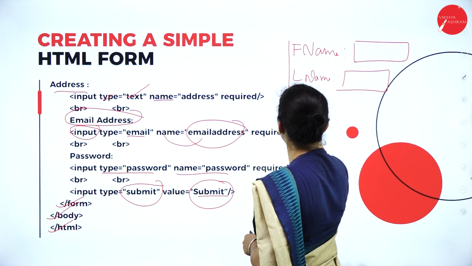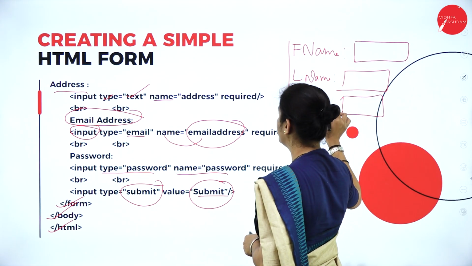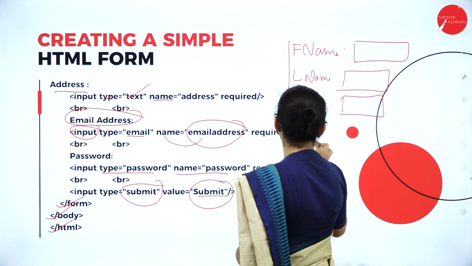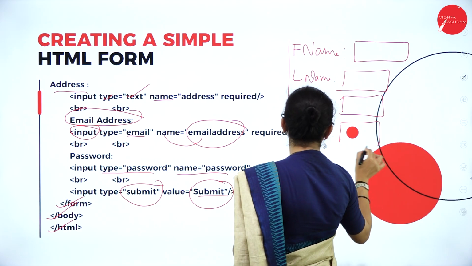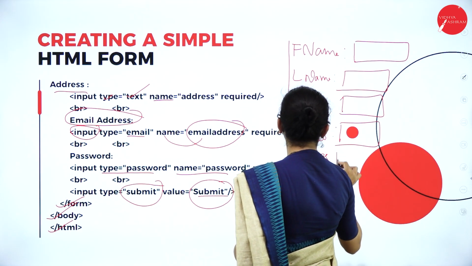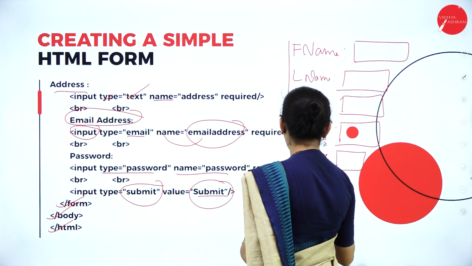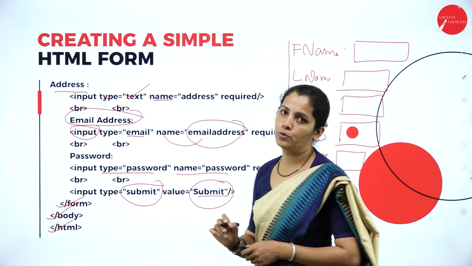After that address, once again a text box. Next email address, once again a text box. Then your password, once again a text box, and the button, which is submit. This is the expected output.